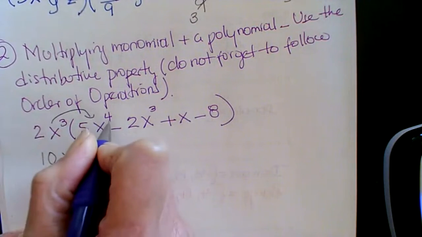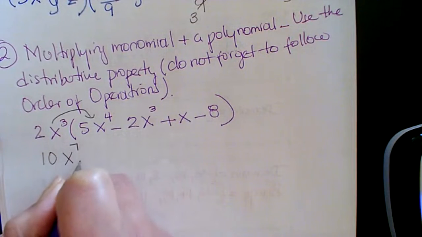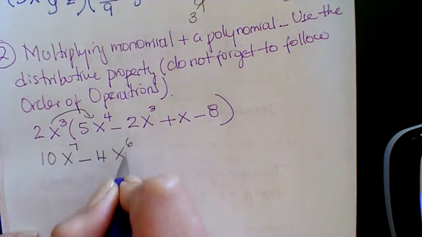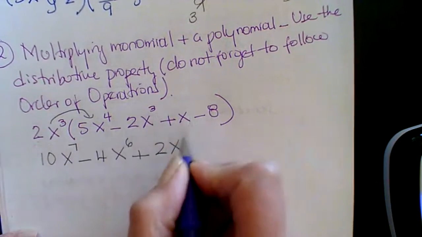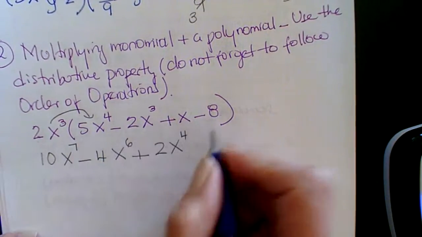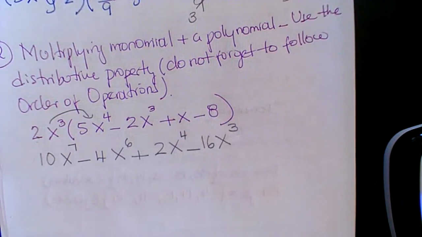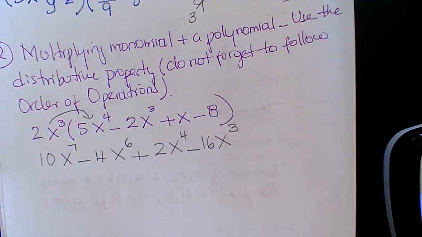X to the 3rd times x to the 4th is x to the 7. 2 times negative 2 is negative 4. 3 plus 3 is 6. This is 2x. 3 plus 1 is 4. 2 times negative 8 is negative 16x to the third power. And I just multiply a monomial by a polynomial.